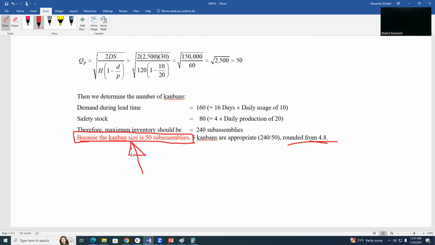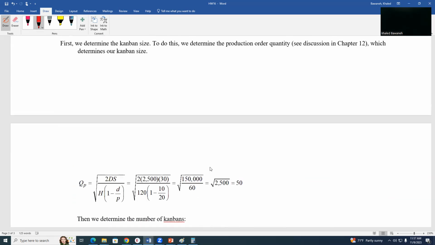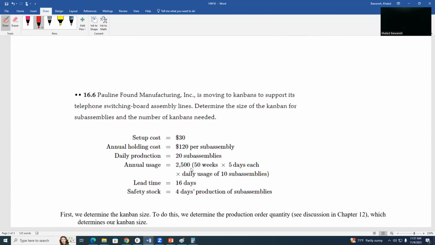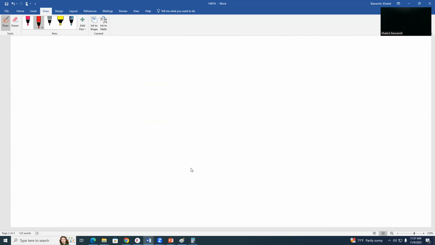So that's the Kanban size: 50 sub-assemblies. So we need 5 Kanbans. Okay, we are done. Let's see.